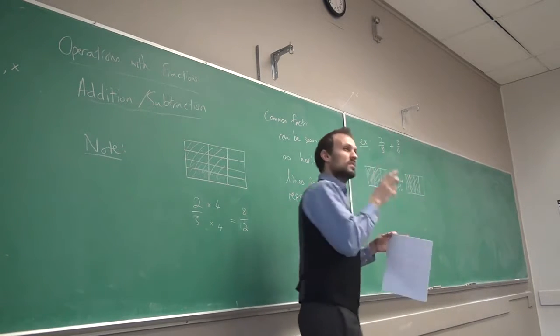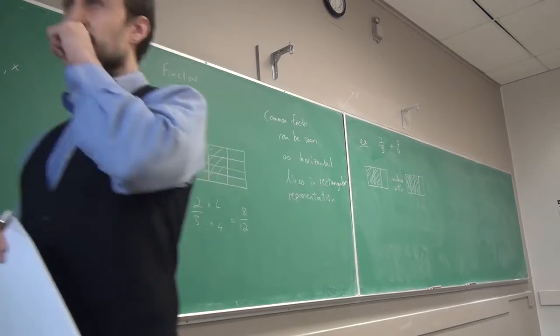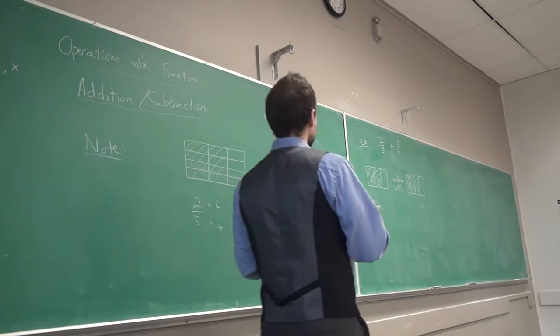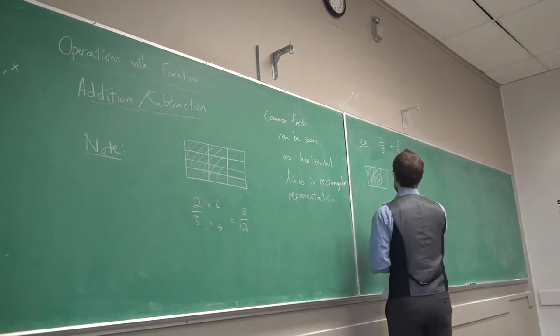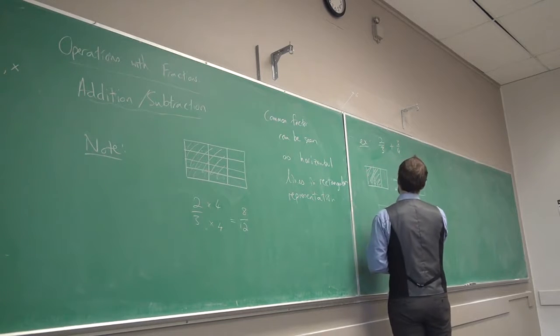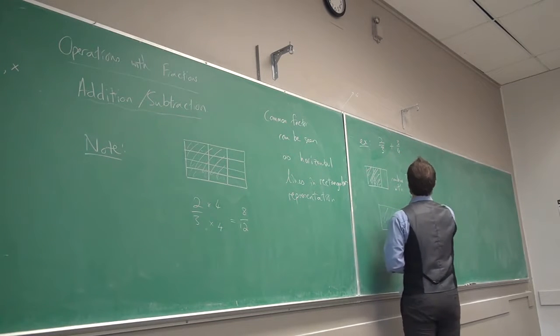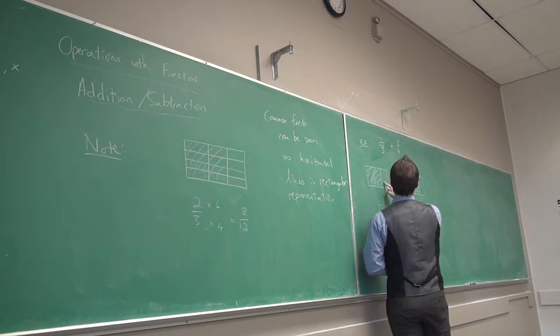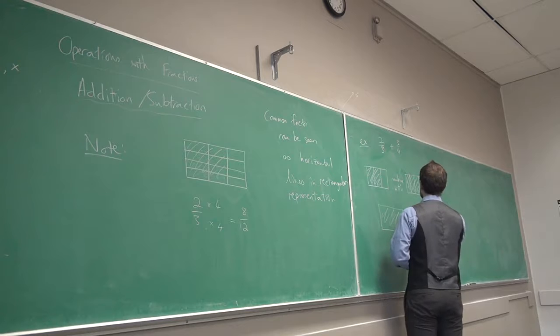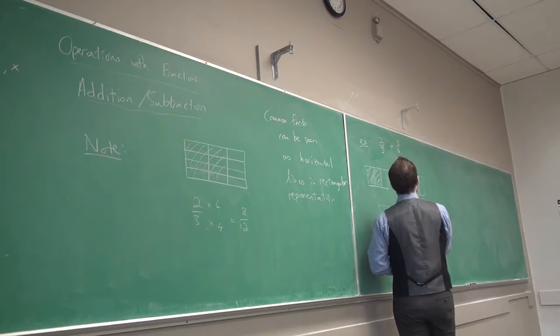But now if your pieces aren't split very evenly, then it's hard to see. How do I merge those two? And little Timmy is going to feel, yes, I have a whole, because this feels like it's more than the missing part here. So I'm going to get 1 and a little something. He's also going to agree that I don't have enough for 2 wholes. It just doesn't look right.